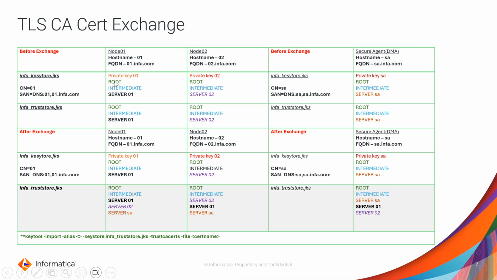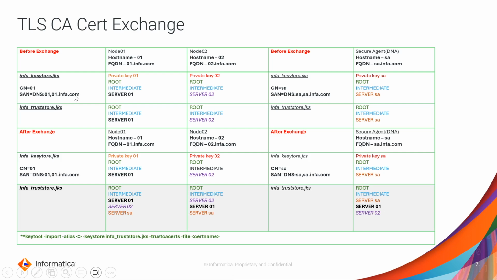In that case, the infa keystore.jks file of node 1 has CN equals the 01 host name and a SAN entry, this is the SAN entry DNS, which contains the short host name and fully qualified host name.